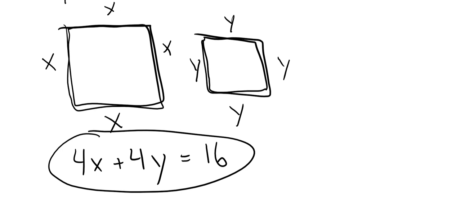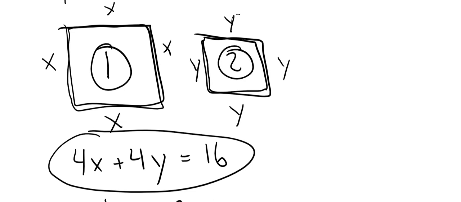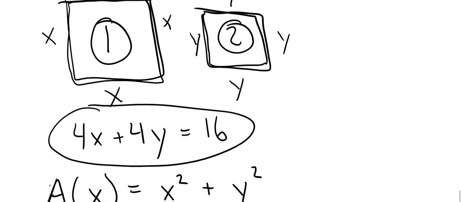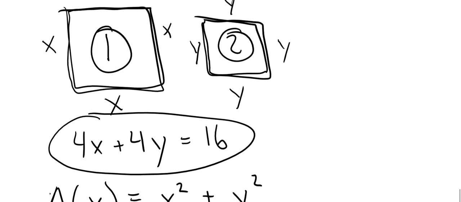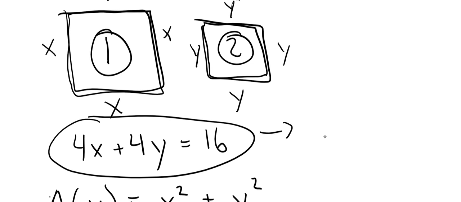Now, for part A, it says find the area. And it does say according to x, but we're going to not pay attention to that fact right now. If I was looking at square 1 here, well, that's obvious. The area of a square would just be the side squared, x squared. However, the area of my second one is y squared. Now, again, this wants us to write the area in terms of x. The good news is this does develop a relationship here.